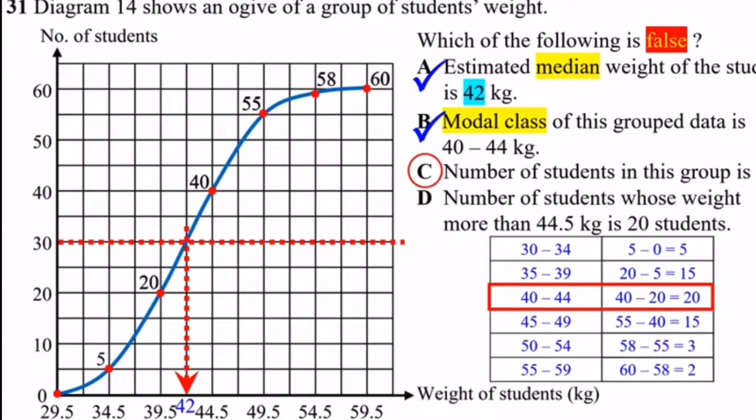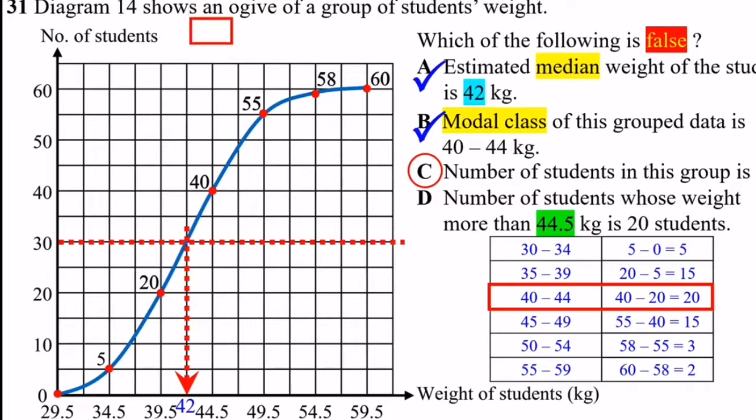So let's see D. The number of students whose weight is more than 44.5 kg. How to read this one? For an ogive, we must know how to read. Now we need to understand how to read less than 44.5 and more than 44.5. So highlight 44.5.